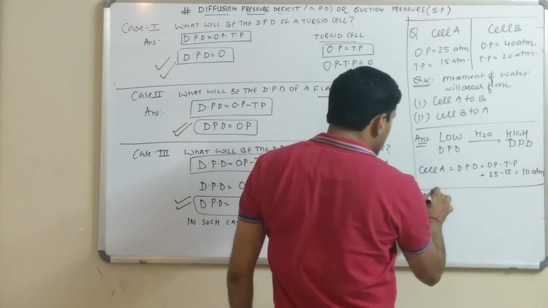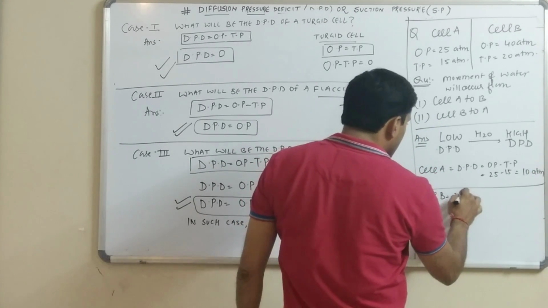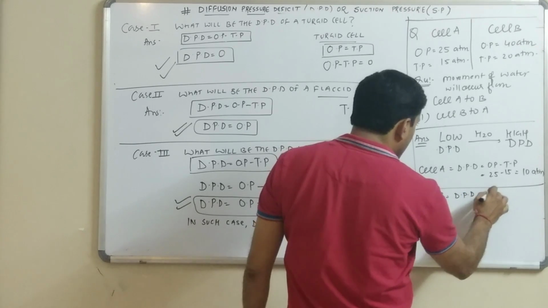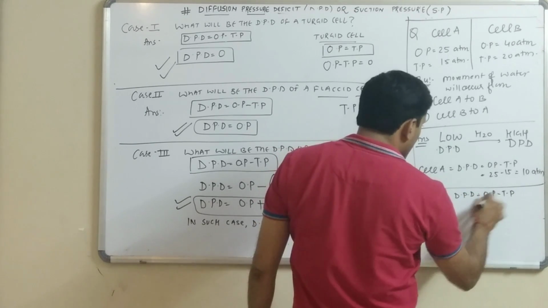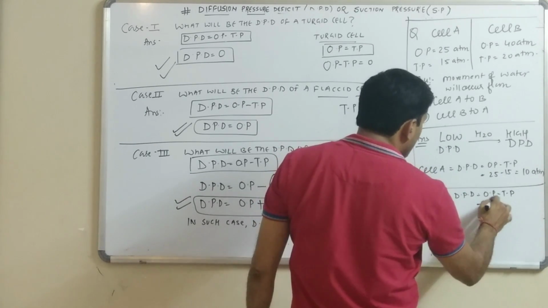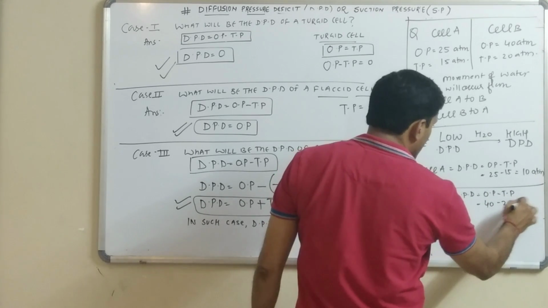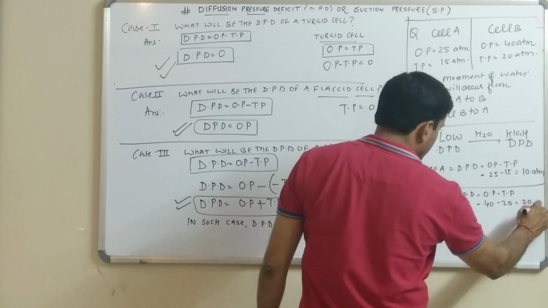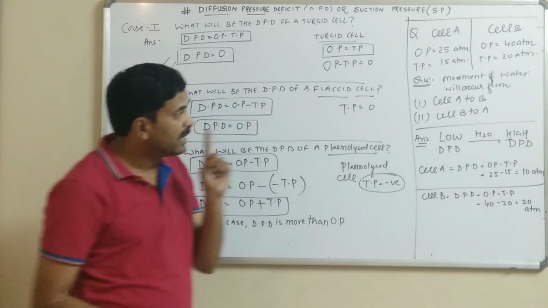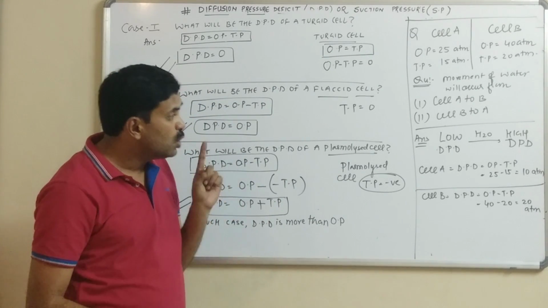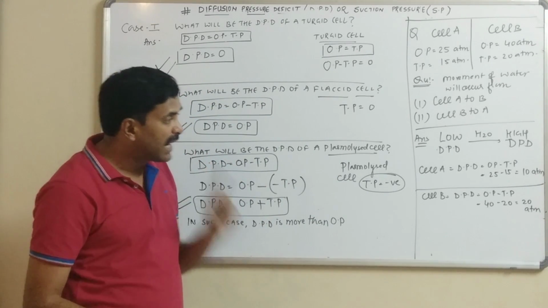And what about cell B? DPD is equal to OP minus TP. So OP is 40 minus 20, so that comes out to be 20 ATM. Now the rule says that water always moves from low DPD to high DPD.